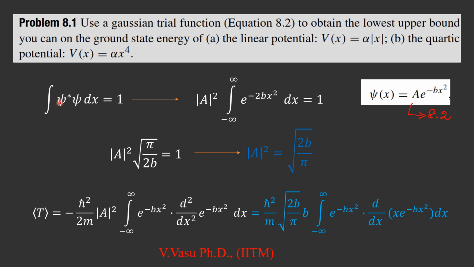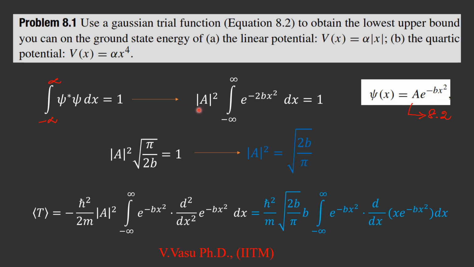First we have to find the normalization constant A. For that, we integrate from minus infinity to plus infinity psi star psi dx, which must equal 1. Here psi is A e to the power minus b x squared.